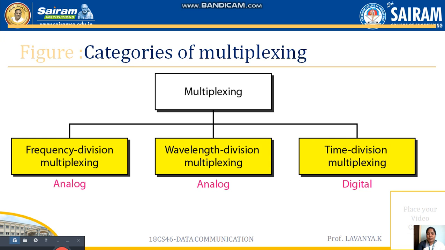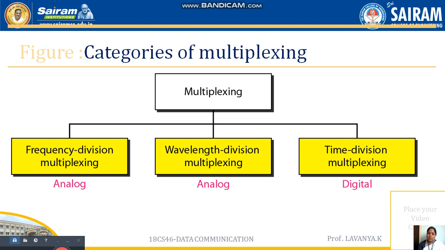Now we are going to see the methods we are supposed to discuss in this bandwidth utilization module 3 chapter. There are three types of multiplexing: frequency division multiplexing, wavelength division multiplexing and time division multiplexing.